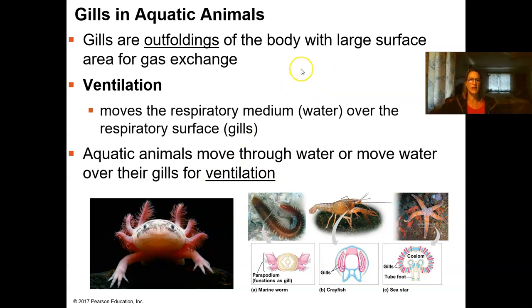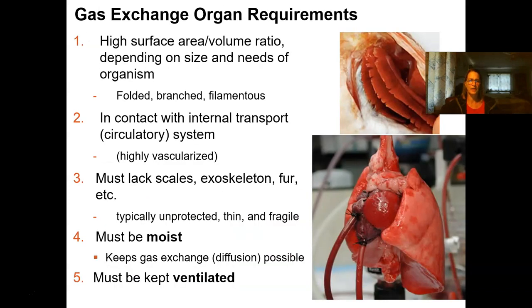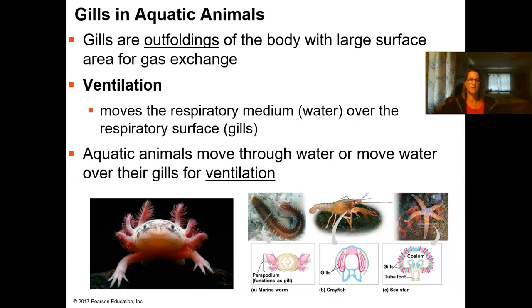In terms of ventilation, ventilation is when you move the respiratory medium over the respiratory surface. We kind of talked about that in the last slide where we said they have to be kept ventilated. So in gills, the respiratory surface is the gills and the respiratory medium is water. There are actually several ways that aquatic animals ventilate their gills, it just depends.